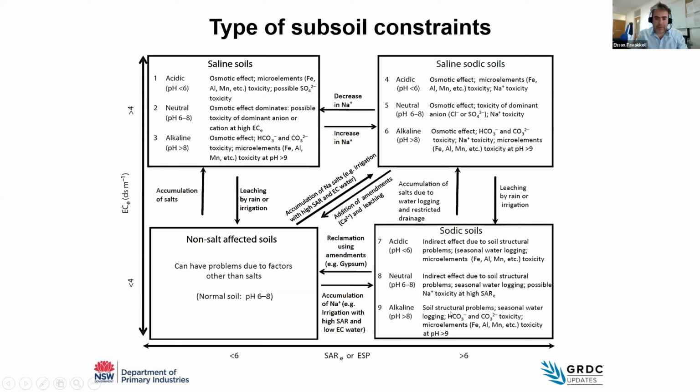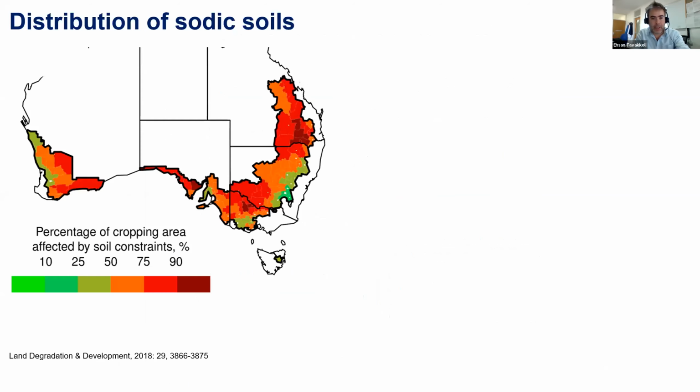I'd like to focus on alkaline sodic soils for the rest of this presentation, and also alkaline saline soils. Most of our acidic soils, you don't need to be really worried about sodicity, because the high pH in sodic soils is one of the reasons that we get that dispersion. So acidic soils in comparison have less chance of dispersion.